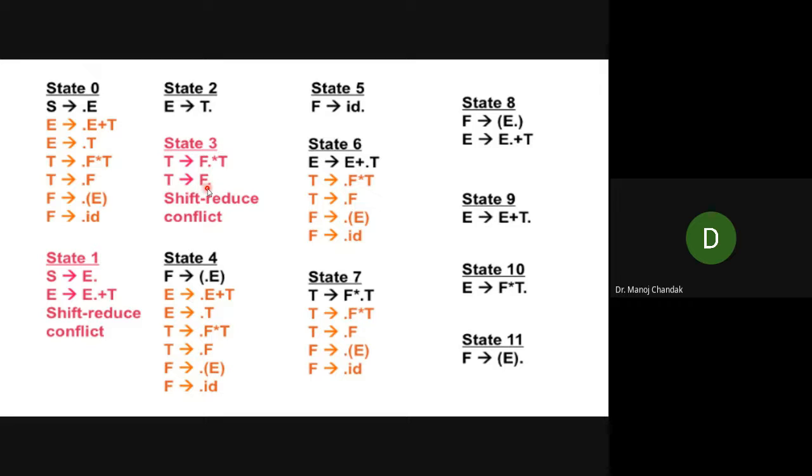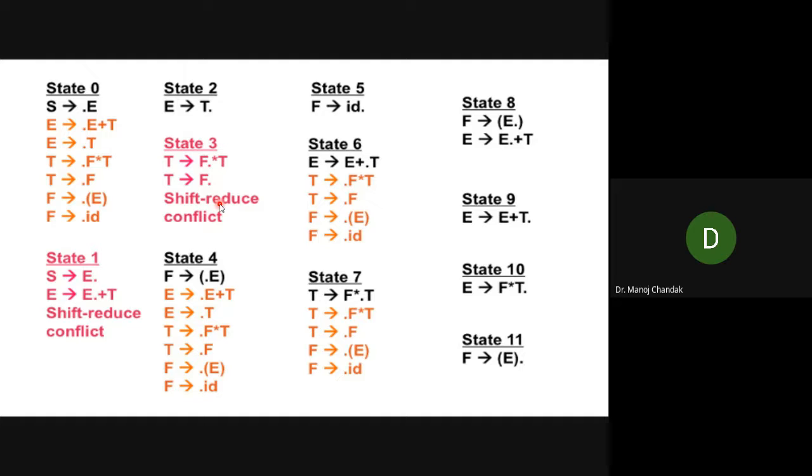So remember that if the dot is at the right hand side, they ask you the question like how will you predict the shift reduce conflict. So there are two types of conflicts in LR0. One is called as reduce conflict and one is called as shift reduce conflict. You can just concentrate here, students, this is important because you will find this question many times.